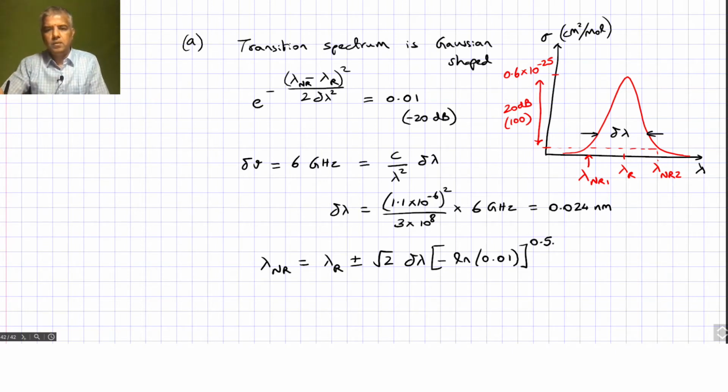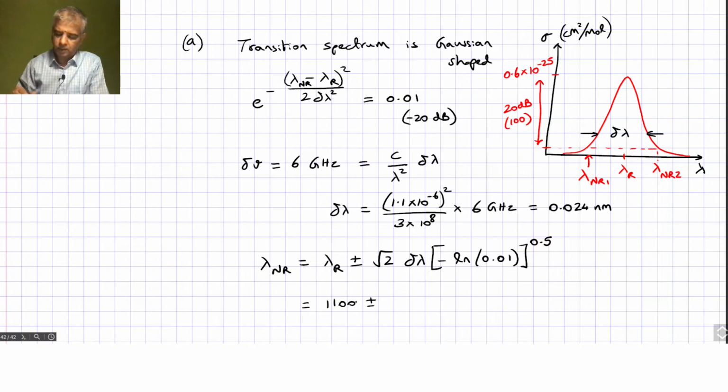Okay. So, you can do this, and then you can find out what is the shift in wavelength that you need to make to get to the non-resonant wavelength, such that the absorption drops by a factor of 100. That is what we are trying to get to. So, if you evaluate this, lambda r we have been told is 1100.